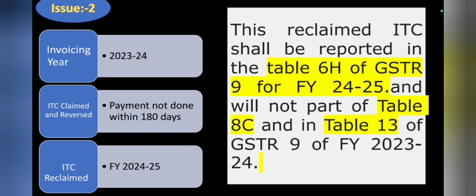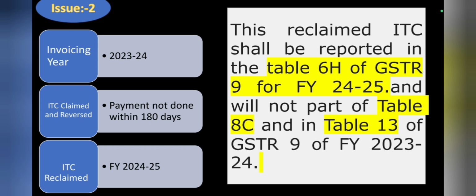Issue number 2 is that the invoice belongs to financial year 23-24 and ITC is claimed in the same year, as well as reversed in the same year, because payment is not done within 180 days. We know that there is a proviso to section 16, which is the condition for availing the ITC.